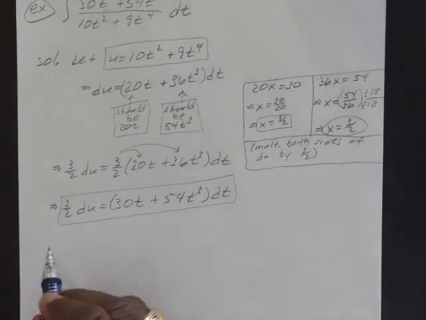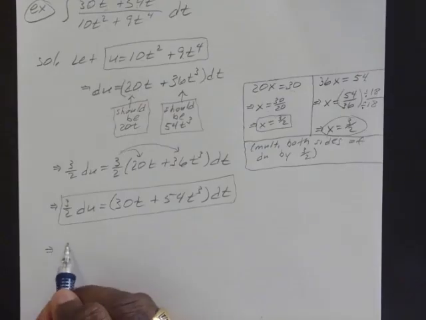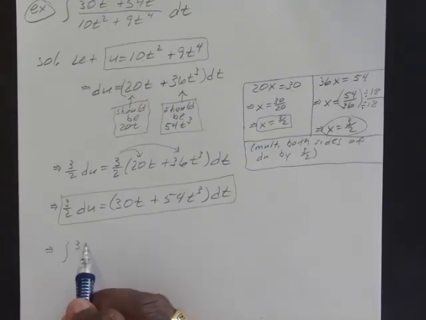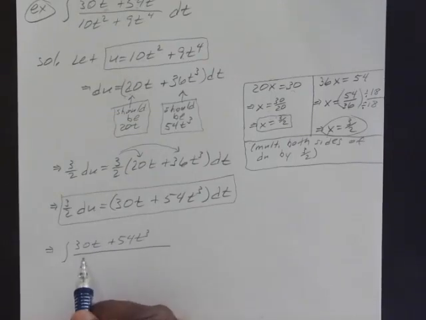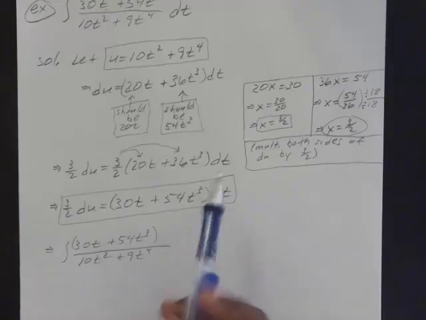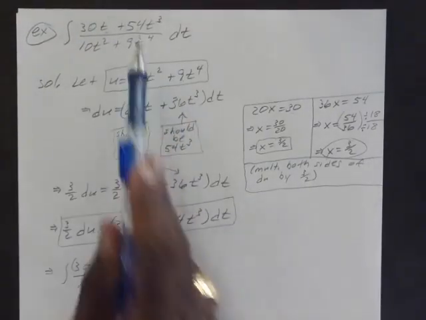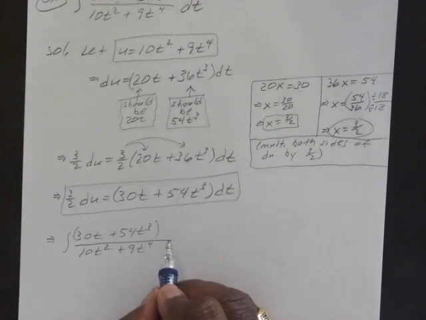So that means that we can take our integral of 30t plus 54t to the third power divided by 10t squared plus 9t to the fourth power. And again, I'll just move my dt up to the top just to match the form.